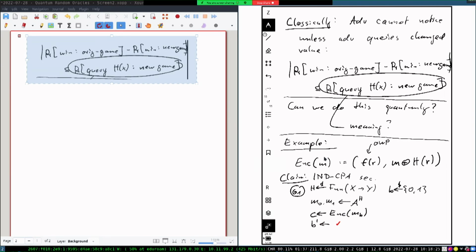We give this ciphertext to the adversary, who can do more oracle queries, and it has to output a bit B prime, a guess which of the two messages was encrypted, and the adversary wins if B prime equals B. So this is the IND-CPA game in our situation.